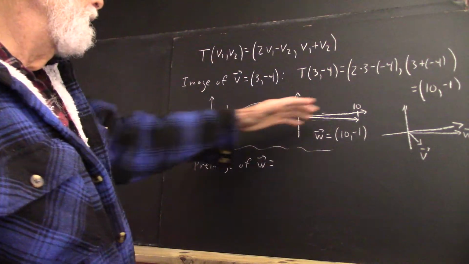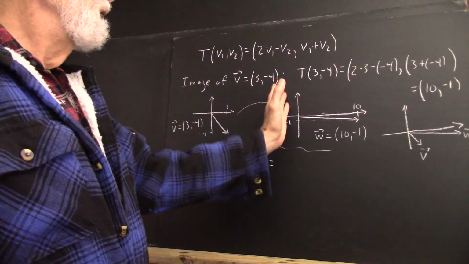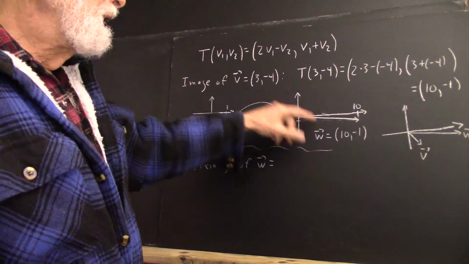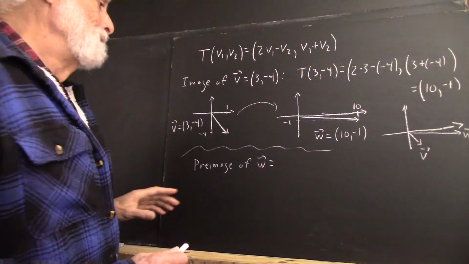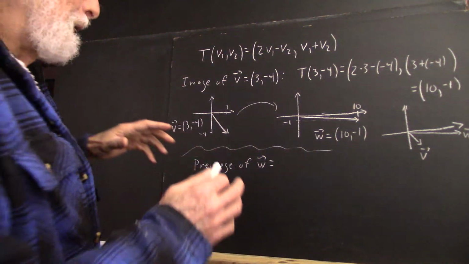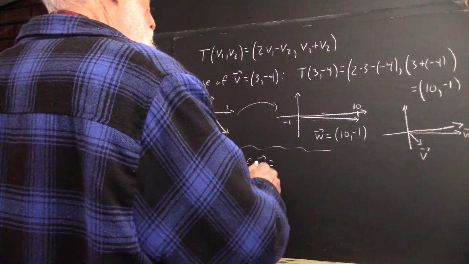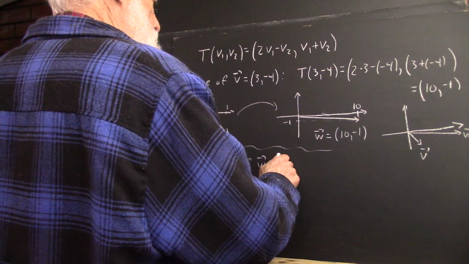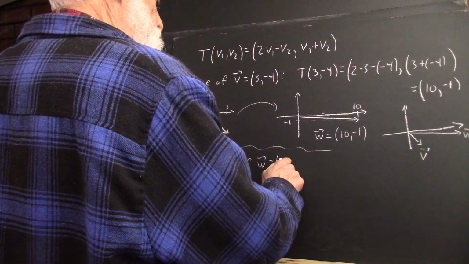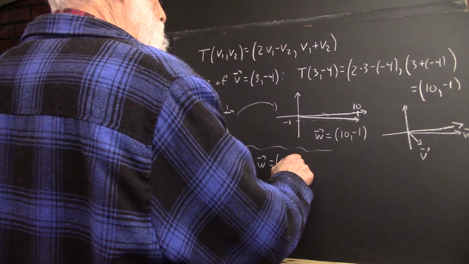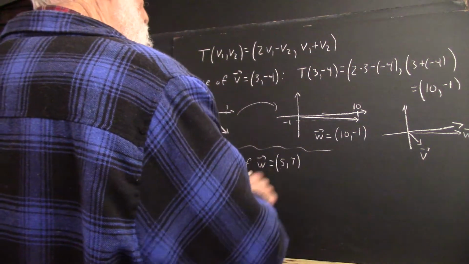You might think by looking at the way this transforms here that to get a vector over here you'd have to transform a vector that rotates it in some way similar to this. You can't really predict that until you develop some machinery. In any case, the preimage of this vector w, and let's say w is a vector up in this direction. Let's say it's 5, 7. Okay, preimage of the vector w equals 5, 7.